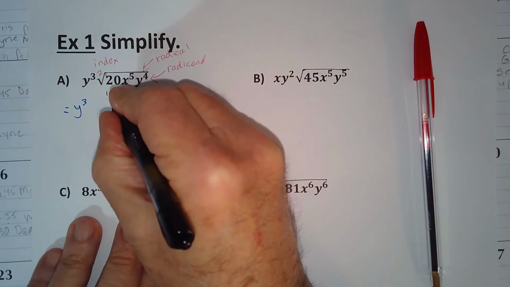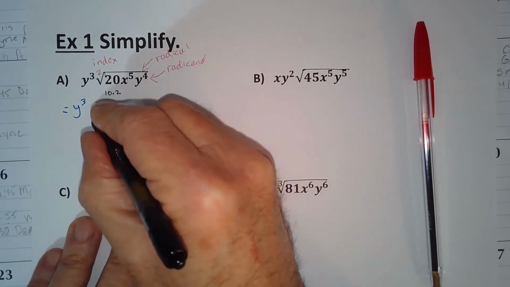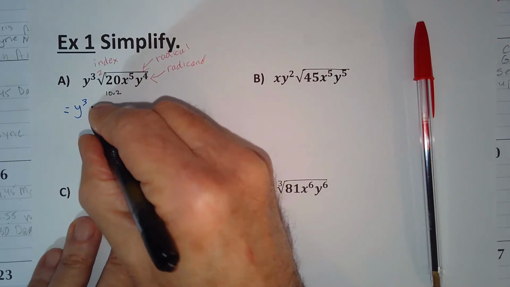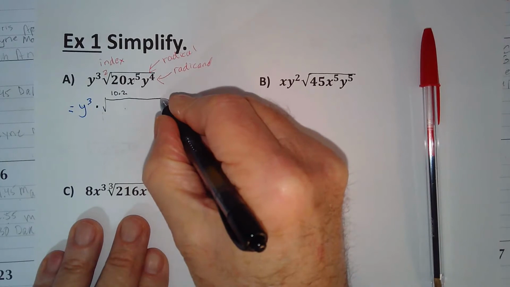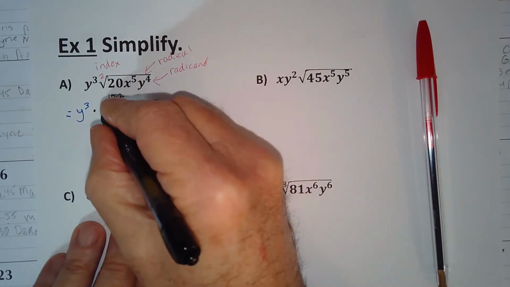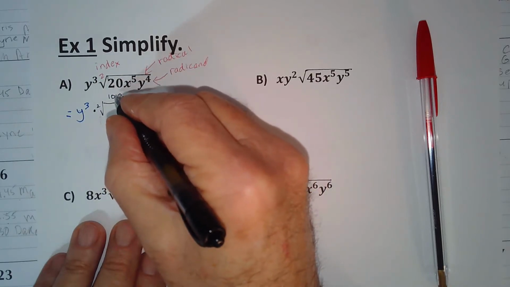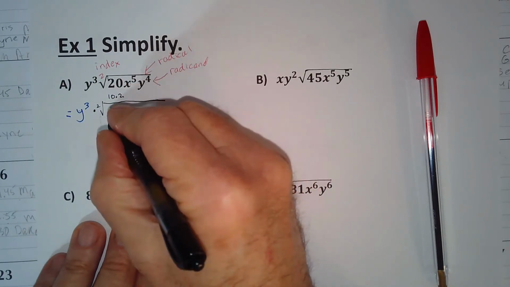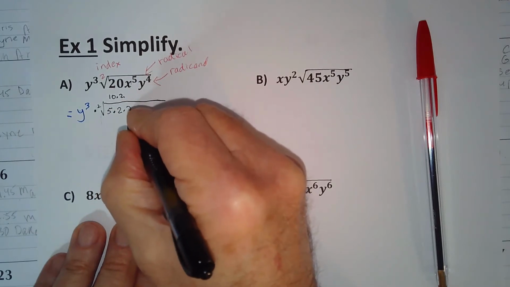So that's 10 times 2. And so we can set this up so that we've got the square root of, and then 10 is 2 times 5, so that's 5 times 2 times 2. And it's all multiplied together.